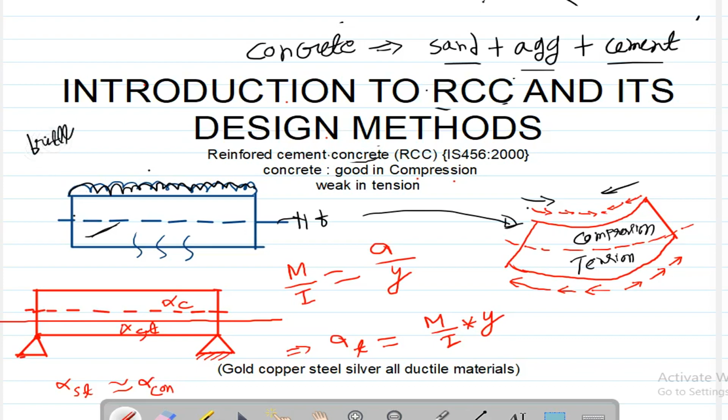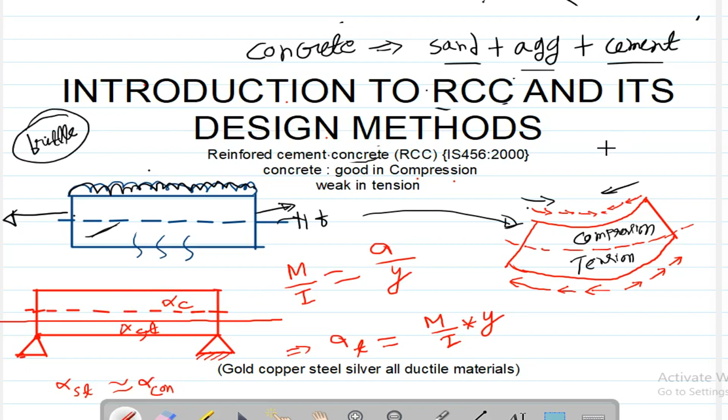Brittle means its ductility is very less. Ductility being less means we cannot extend or expand this concrete. If we try to expand it, the concrete will break. That means it is very low in tension and it is a highly brittle material.